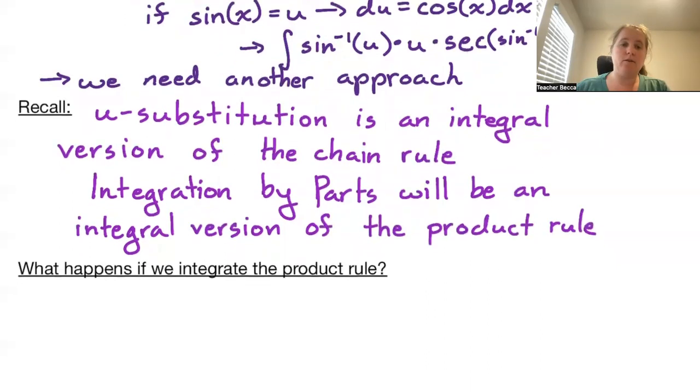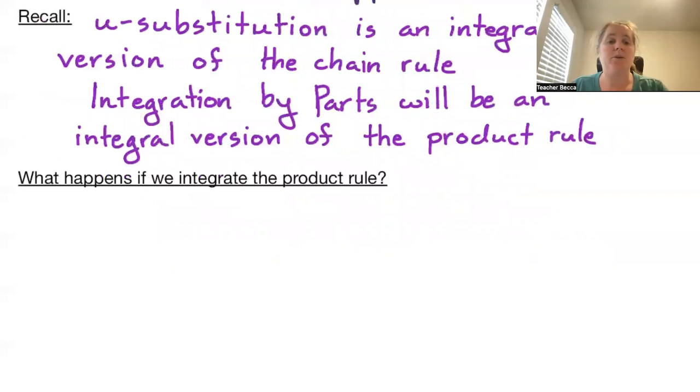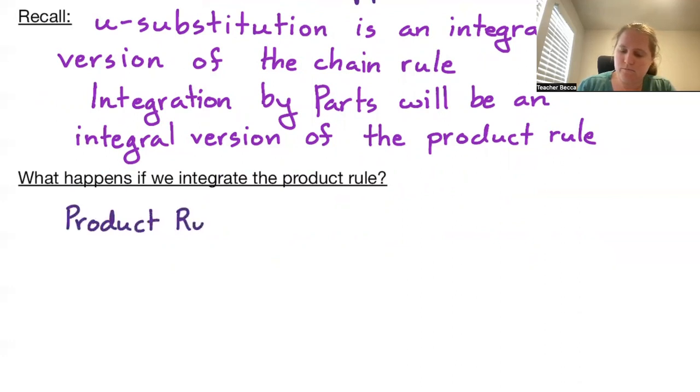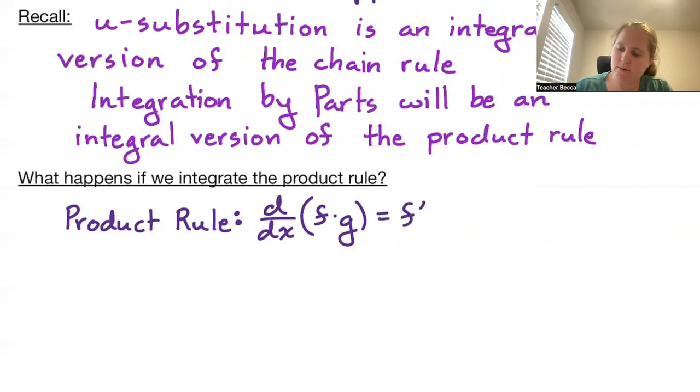So let's just start off with the product rule and see what happens when we integrate it. So the product rule states that the derivative of f times g is equal to f prime times g plus f times g prime.